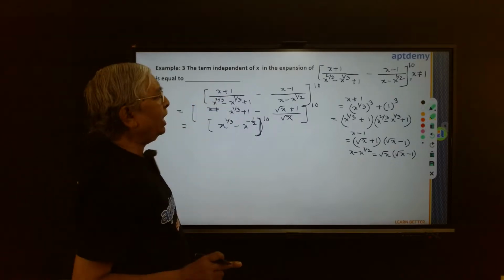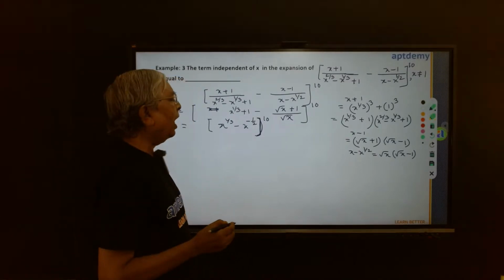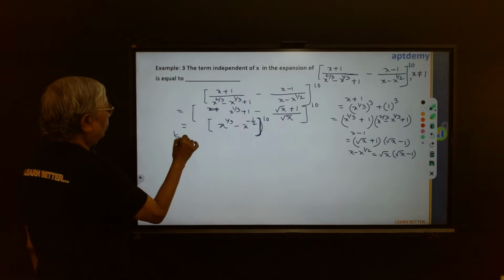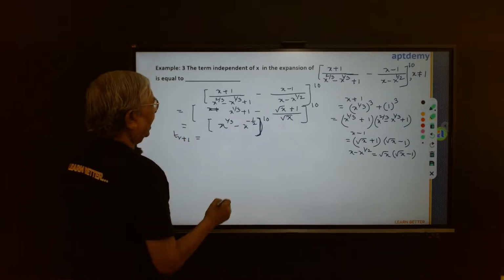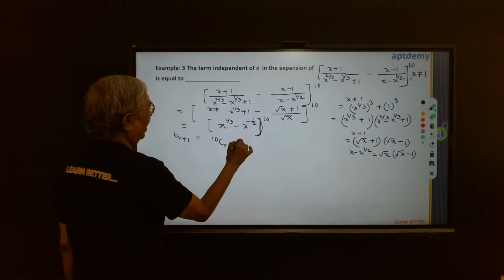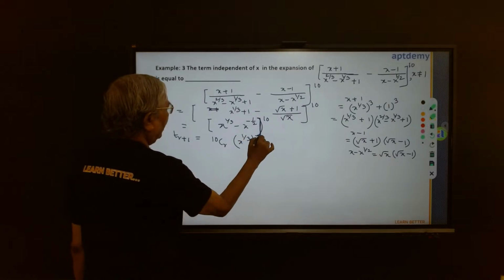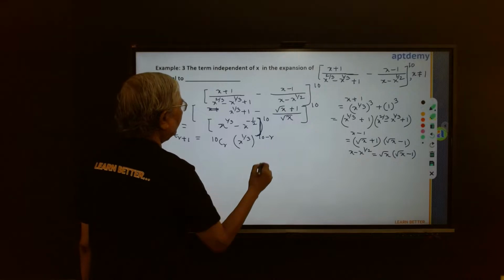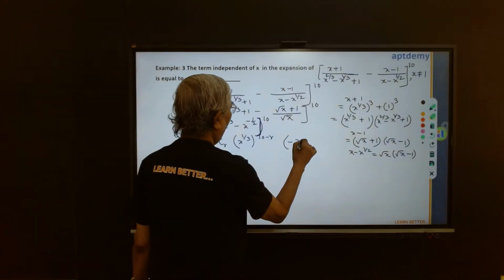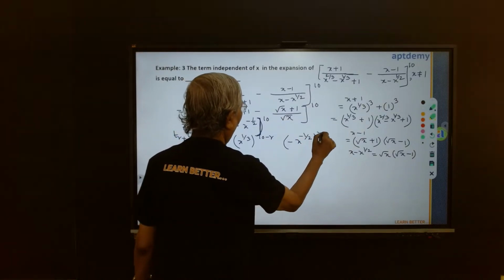The term independent of x: first you find the general term. General term means t r plus 1. So t r plus 1 will be equal to 10CR, a to the power n minus r, that is x to the power 1/3 whole to the power 10 minus r, into minus x to the power minus half whole to the power r.